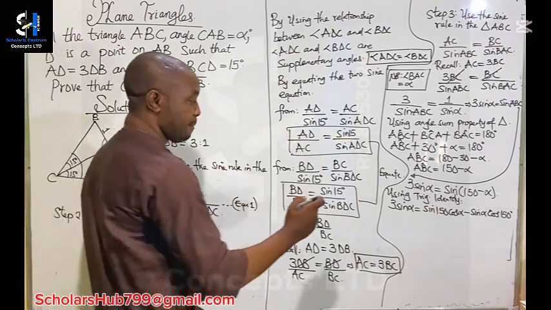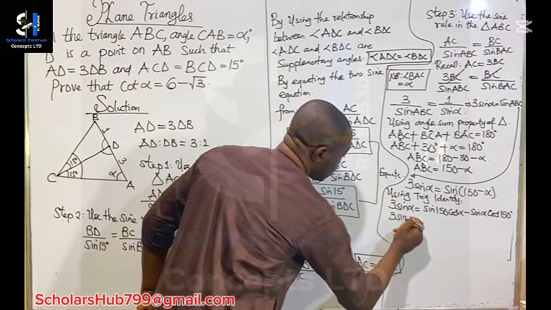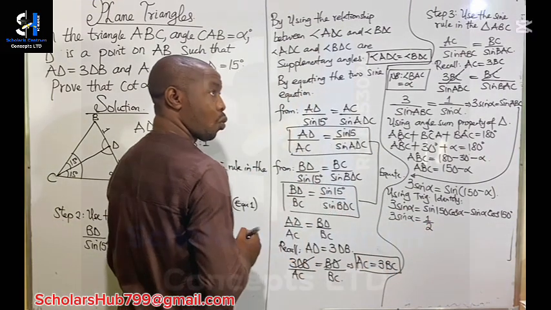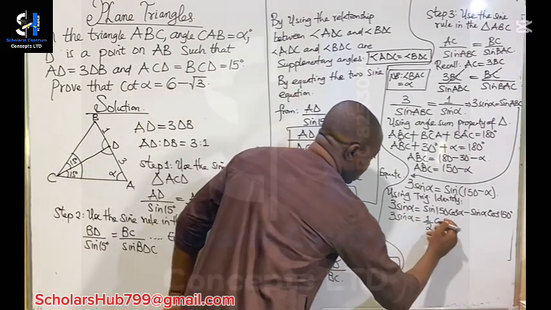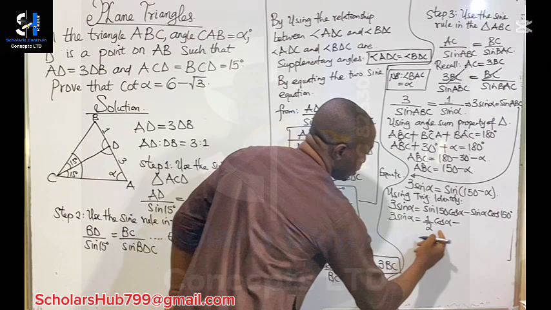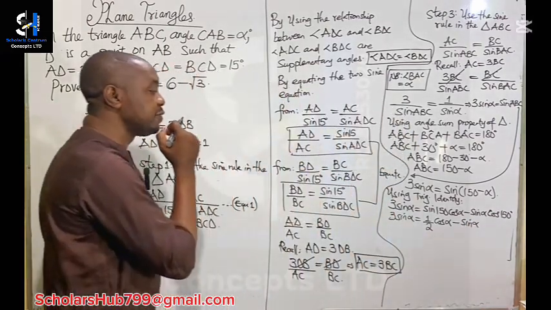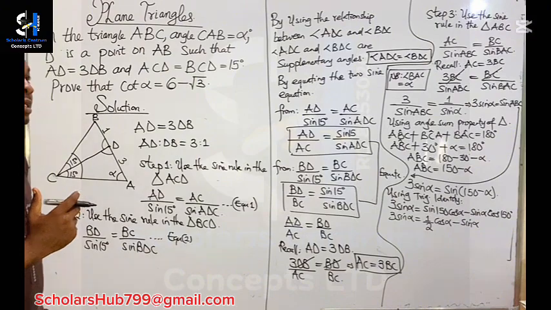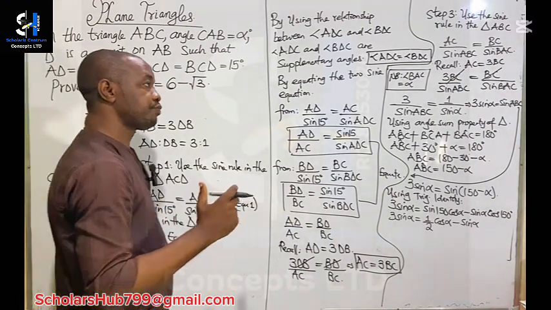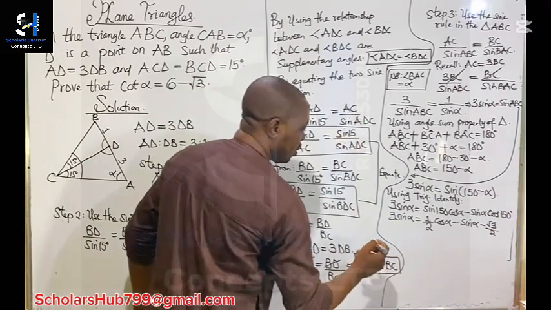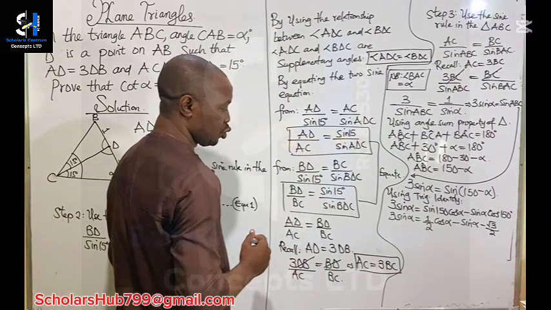So this will be 3 sine alpha equals 1/2 cos alpha minus sine alpha times cos 150, which will be negative root 3 over 2.